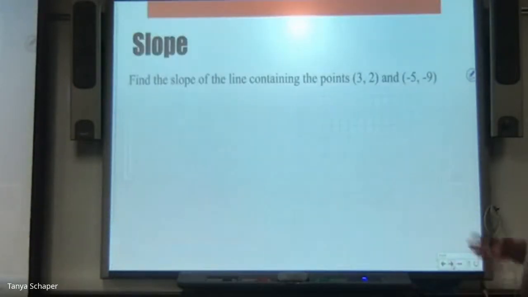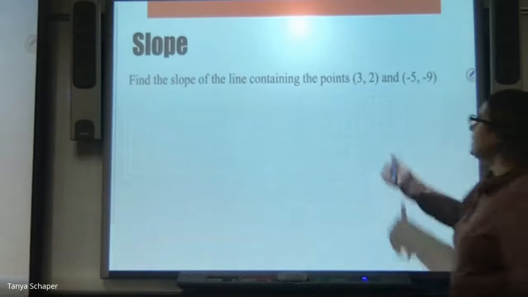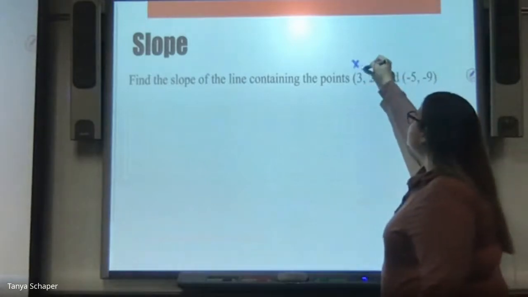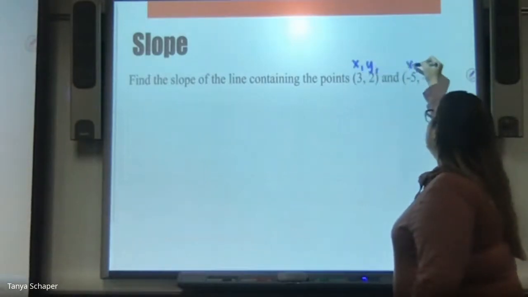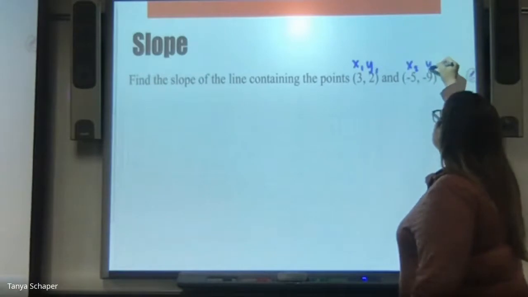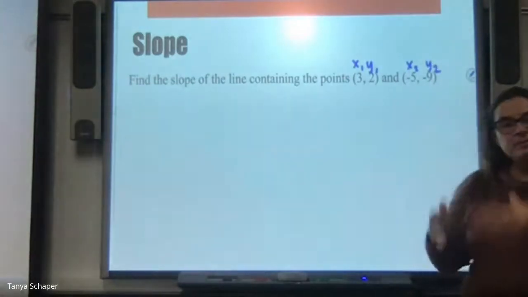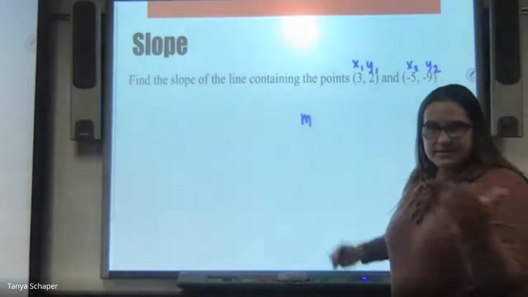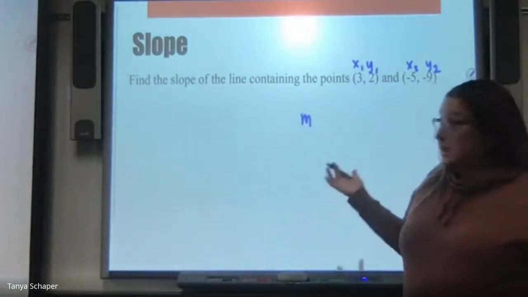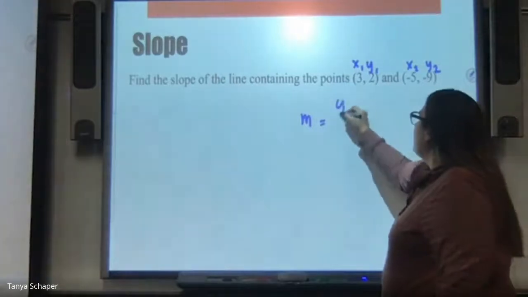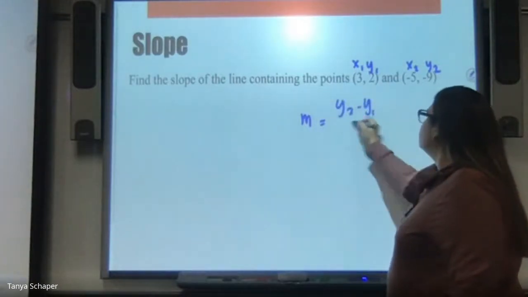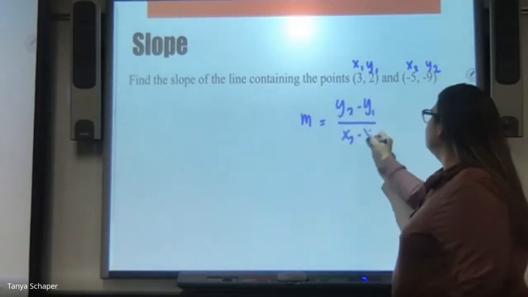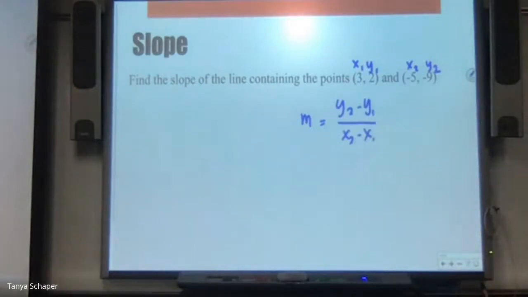All right, so how do you find the slope of the line containing these points? As a review, I like to label x sub 1, y sub 1, and x sub 2, y sub 2. It helps me keep things organized so I make fewer mistakes. As you saw in the last video, I make mistakes. So y sub 2 minus y sub 1 over x sub 2 minus x sub 1.